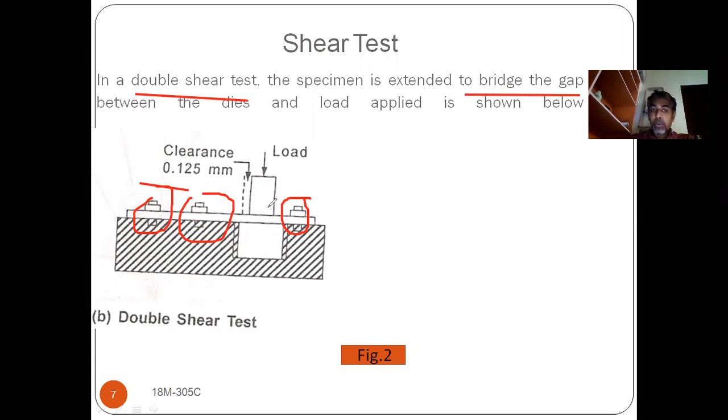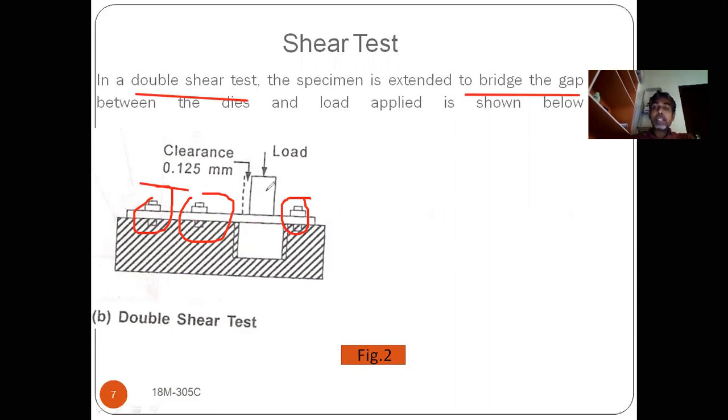When you apply the load, similarly you have to take the clearance as usual, that is 0.125 mm here, and here also 0.125 mm clearance. So at both the ends you have to take a clearance of 0.125 mm from the edges, and apply the load by using your suitable die. And when you apply the load, what will happen?